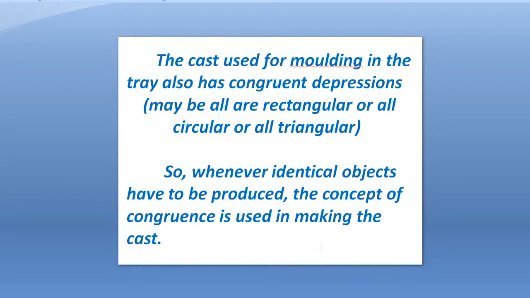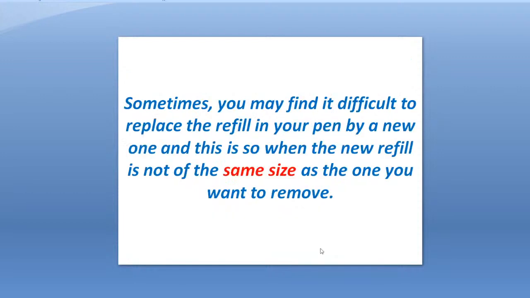Maybe all are rectangular or all circular or all triangular. So, whenever identical objects have to be produced, the concept of congruence is used in making the cast.